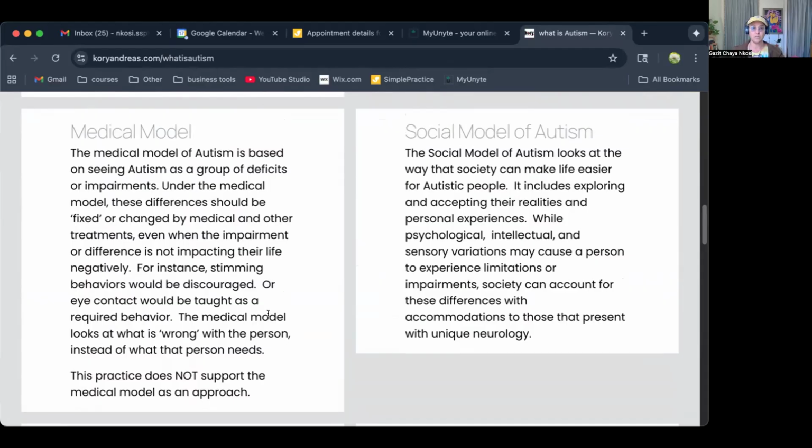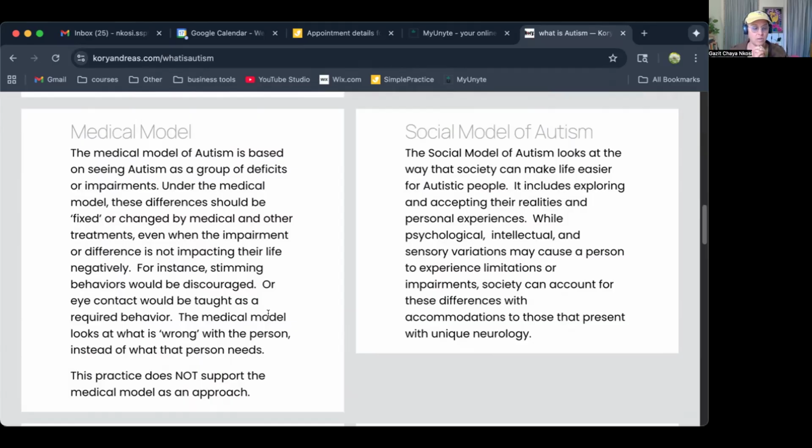It calls it autism spectrum disorder. So it sees autism as a group of deficits or impairments that need to be fixed or changed or treated, even if it's not impacting your life negatively.